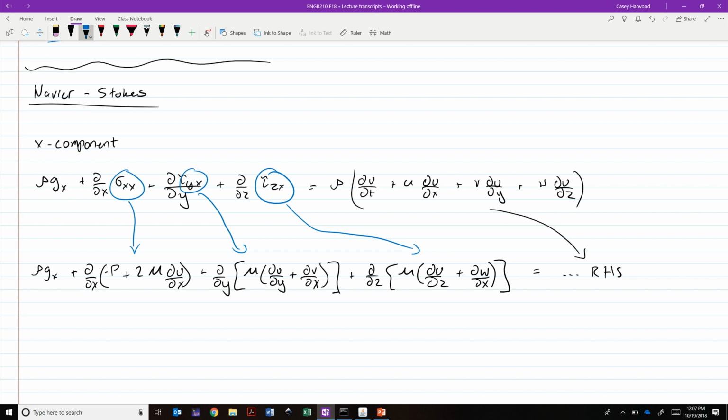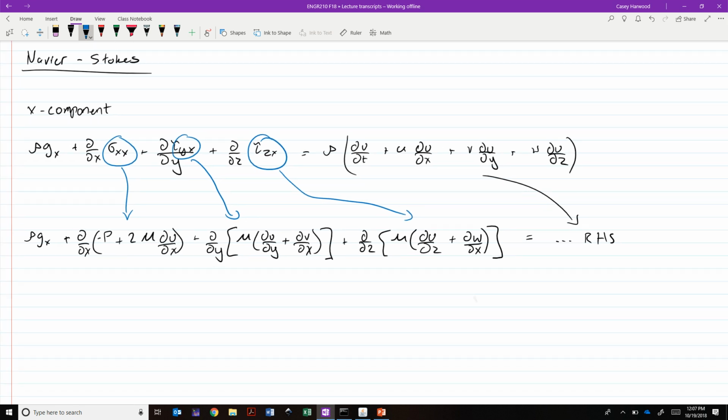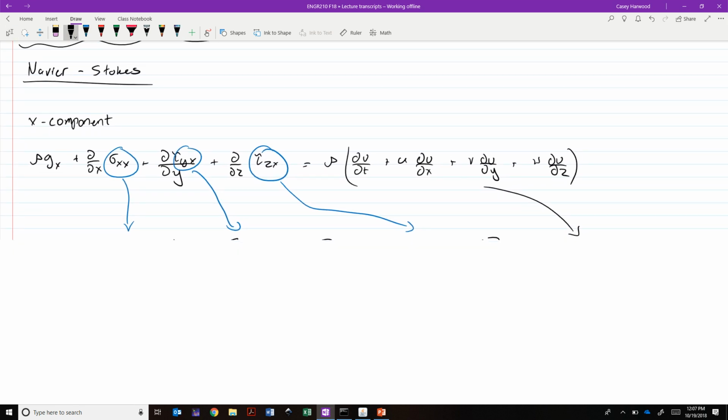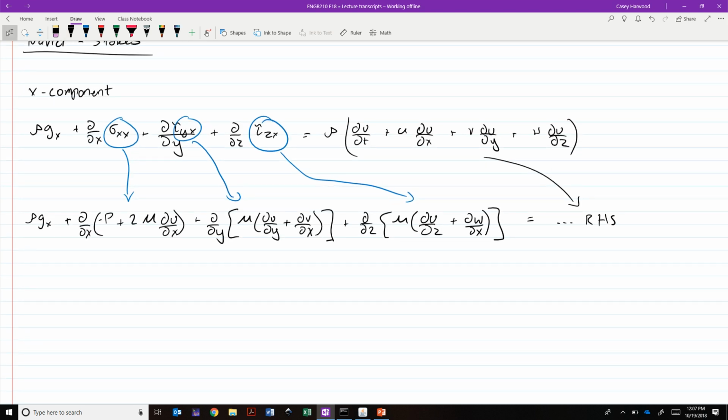Now, if we wanted to expand all of this out, it gets a little bit messier, and so that's the reason I'm only going to do this for the x component.